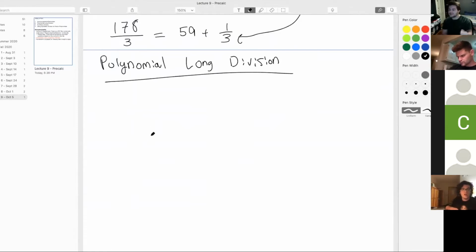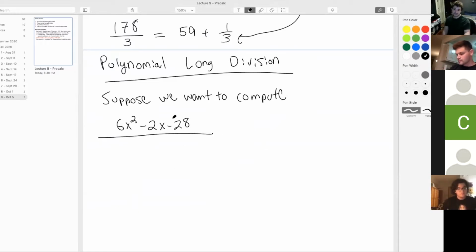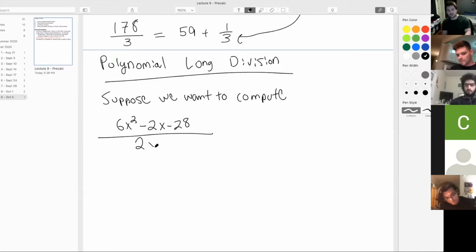As I said, we now extend this procedure to polynomials. Suppose we want to compute 6x squared minus 2x minus 28 divided by 2x plus 4, where the fraction bar really means dividing.